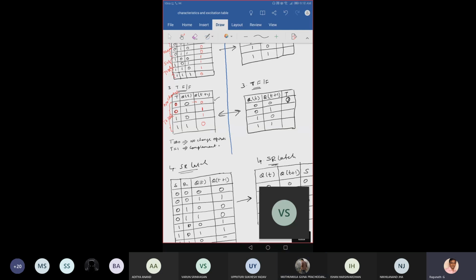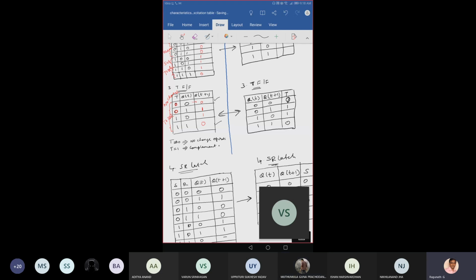Yes, you are correct, 1. And Q of T is 1 and Q of T plus 1 equals 0. Refer to the characteristic table, where do you have 1 0? Now here you have 1 0. What is the T value? T is 1. And for 1 1, it is 0.